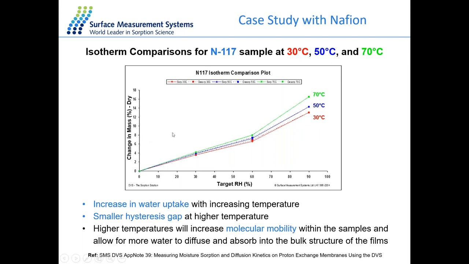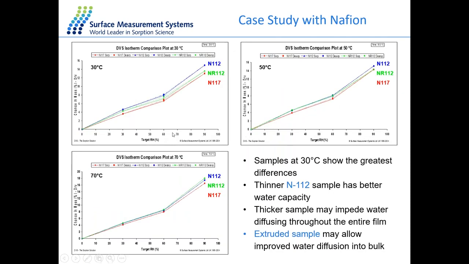So in the next slide we summarize all 3 different samples at 3 different temperatures, 30, 50, and 70 degrees. The blue line is for the N112 sample, the green line for the NR112 sample, and the red line for the N117 sample. At 30 degrees, the 3 samples show the greatest differences in water capacity, but this difference becomes less significant with increasing temperature.